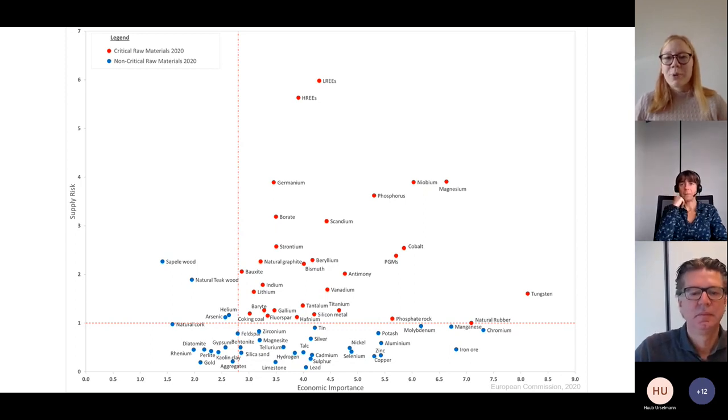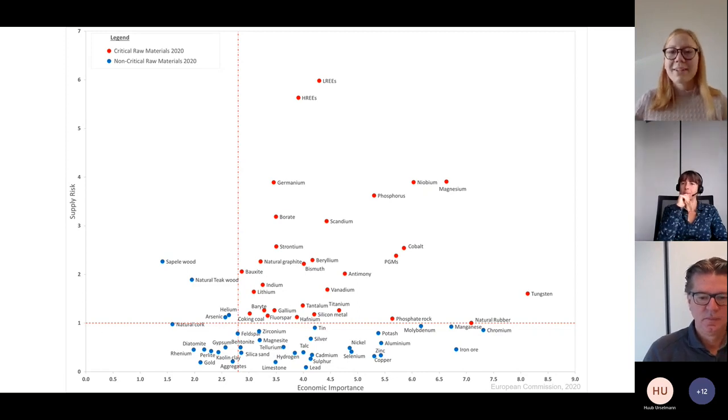There is 1 point or 2 points actually, that I would like to point out to you to look at. So you can see on the supply risk axis, if you're going all the way up, you can see the LREE and HREE. These are the rare earth elements, and we will look at them later, but they are quite interesting materials. I'm also researching those. So keep an eye on those.